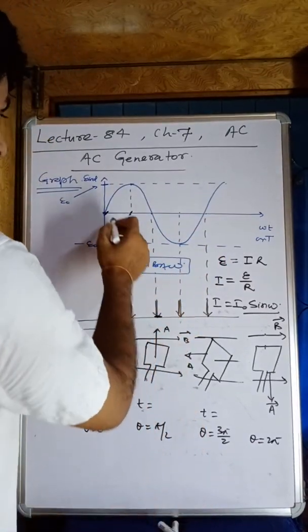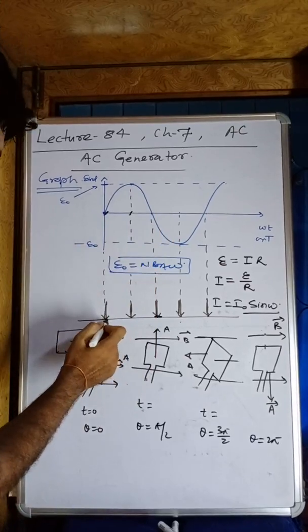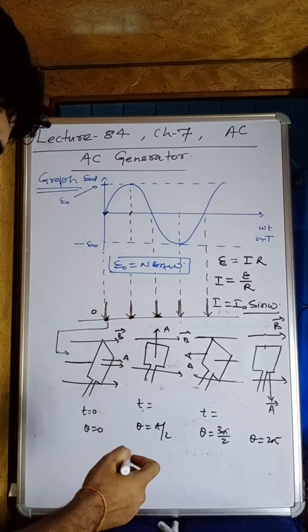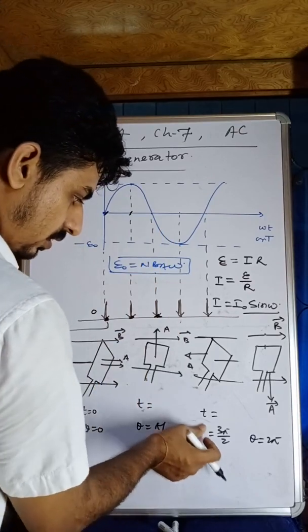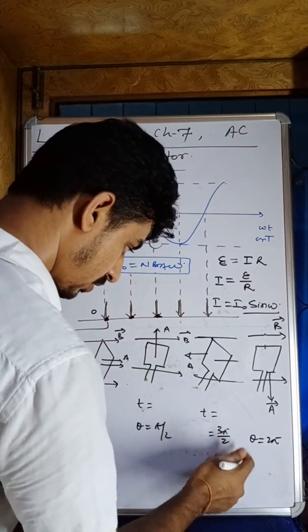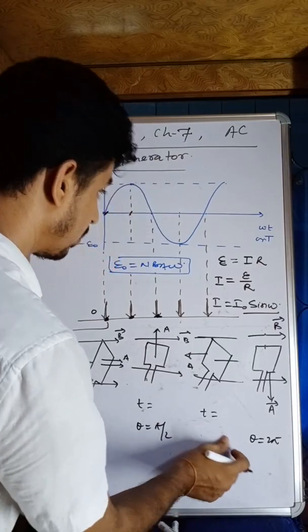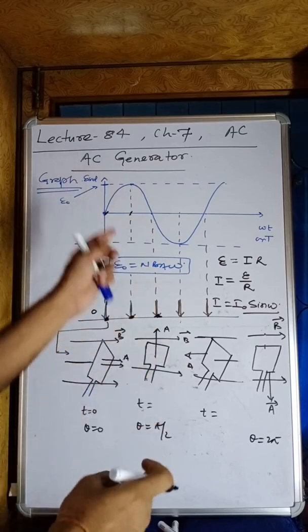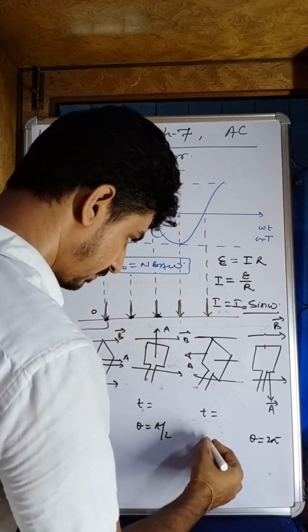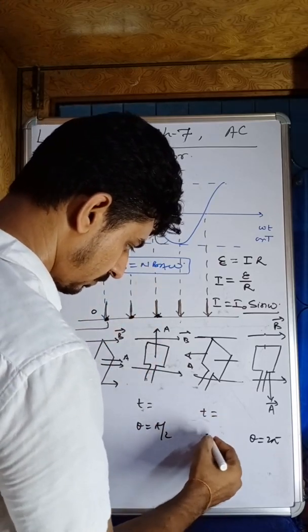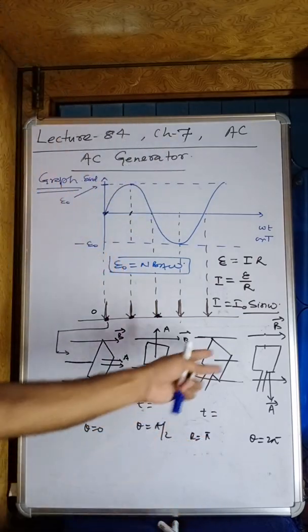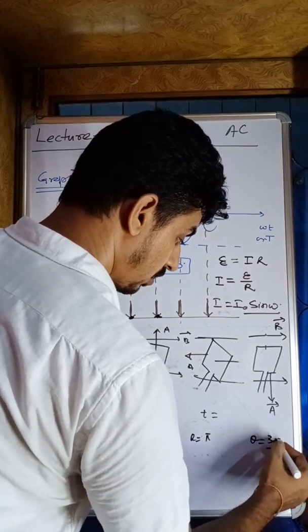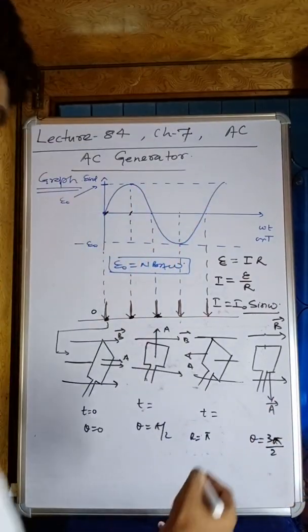This was 0, this was pi by 2, the third one is pi, and then 3 pi by 2. There was a slight mistake.